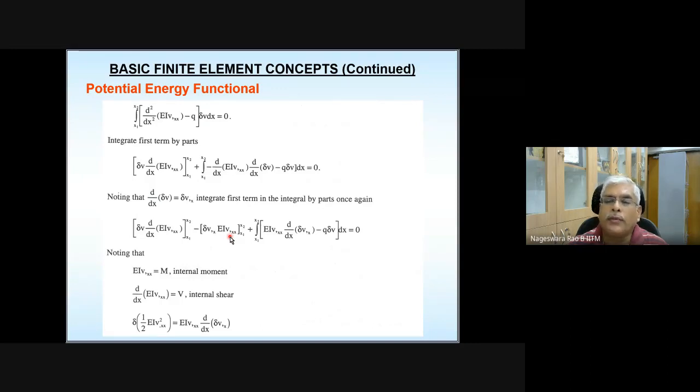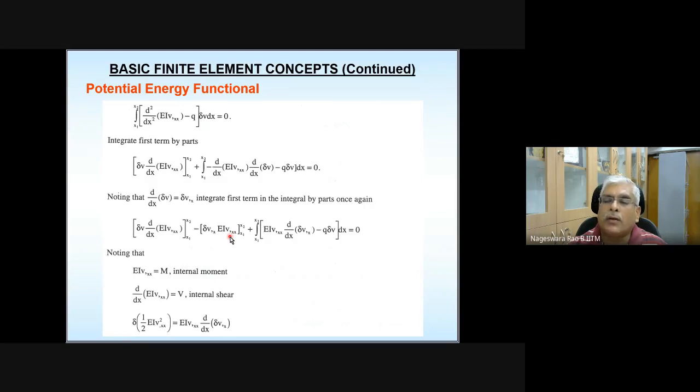And if transverse displacement and rotation are specified at a particular location, let's say if it is a fixed beam, rotation as well as transverse displacement are going to be 0 at both ends. So both rotation and transverse displacement are going to be specified.